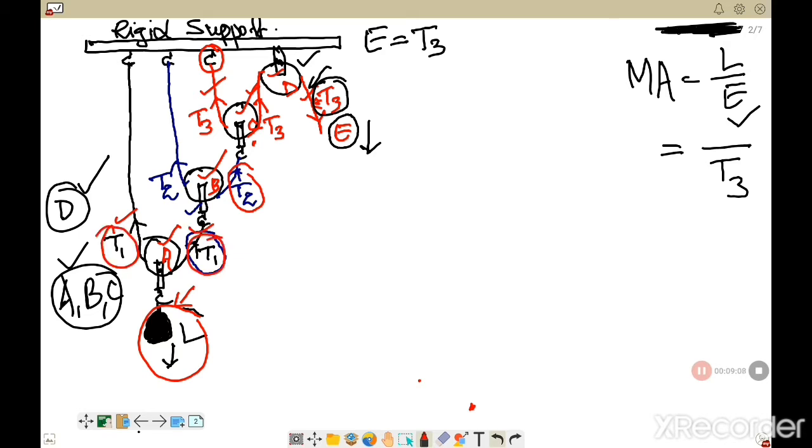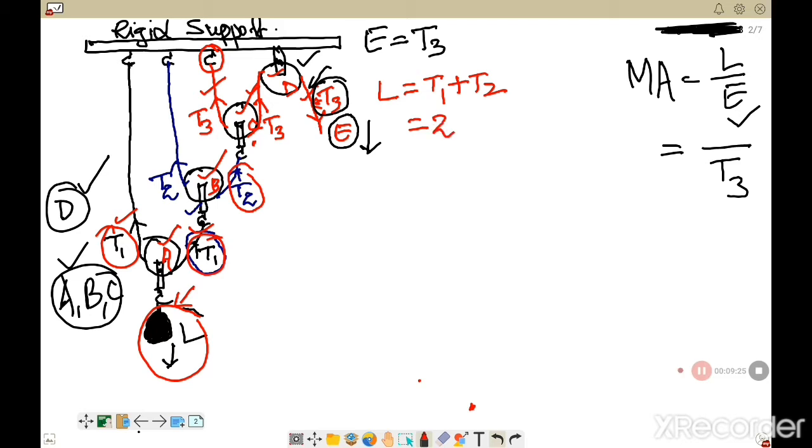So I can write load equals T1 plus T1, because it is balanced by the two tensional forces acting on the two segments of the string passing through pulley A.